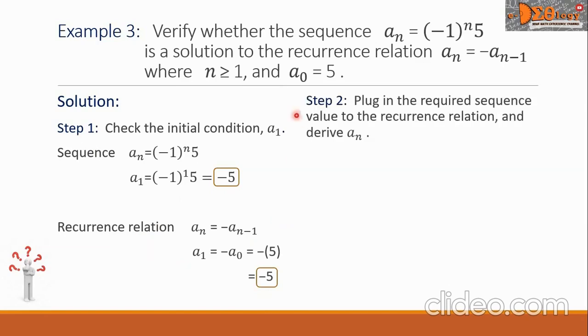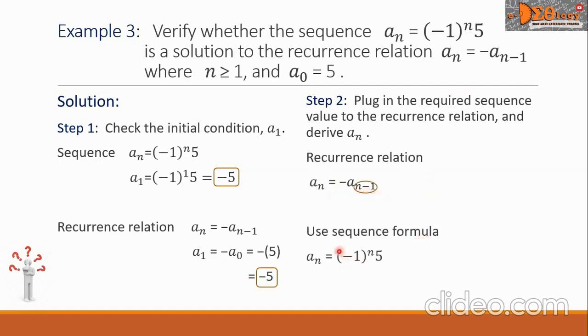Therefore, let's go to step 2. Plug in the required sequence value to the recurrence relation and derive a sub n. Let's write first the recurrence relation. A sub n equals the negative of a sub n minus 1. Take note that we have here an n minus 1.